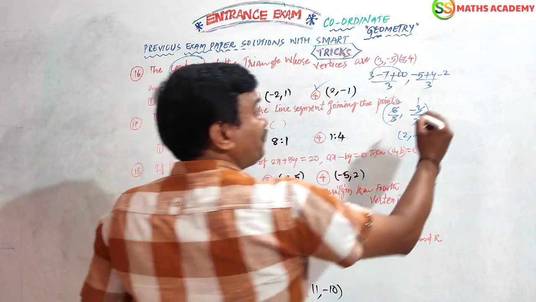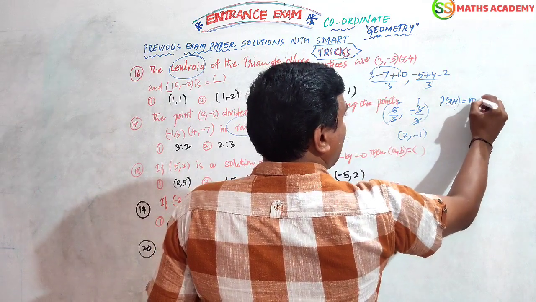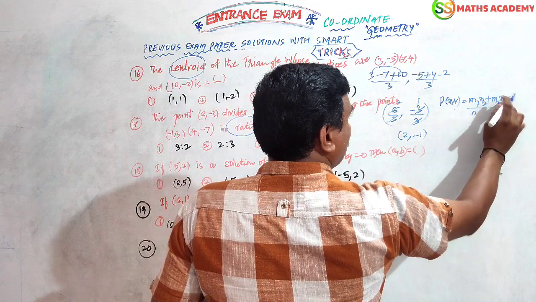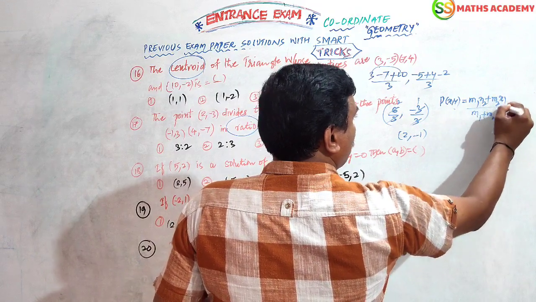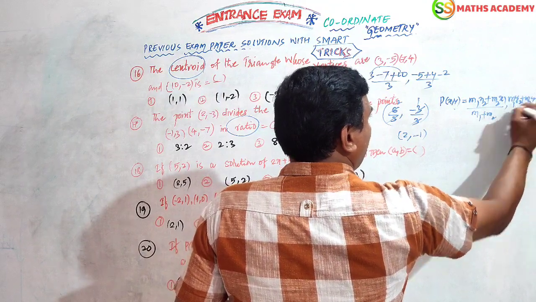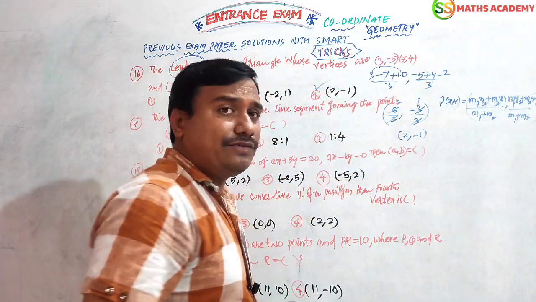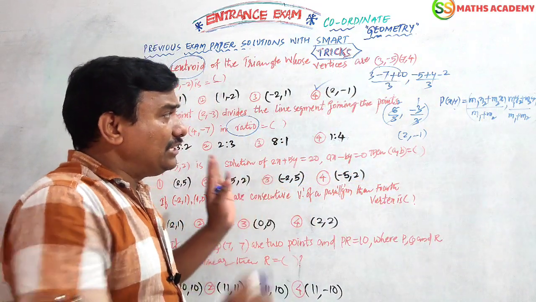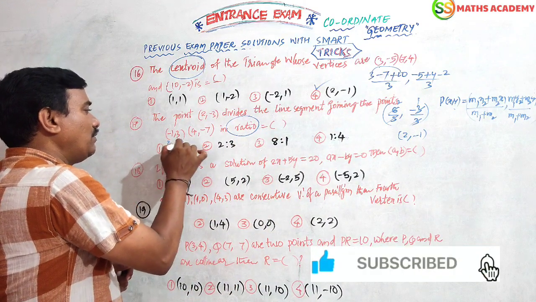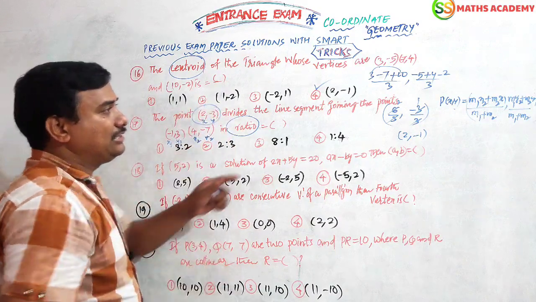The dividing point P(x, y) equals (m1 x2 plus m2 x1) by m1 plus m2, comma, (m1 y2 plus m2 y1) by m1 plus m2. This is the section formula for dividing internally. In this you should substitute the values. What are the values here? This is x1, y1. This is x2, y2. This is the dividing point.